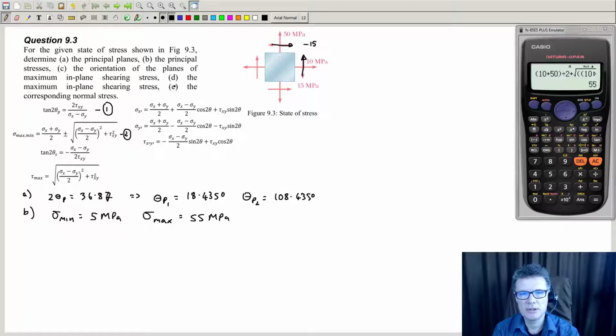And since it's asking for shear stress here, I assume it doesn't want the shear stress for part B. Part C, the orientation planes for the shear stress. So that's using equation 3. So we're going to use inverse tan again. Right, negative, open the bracket.